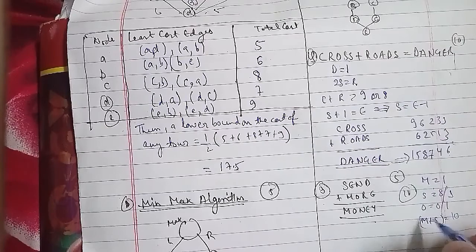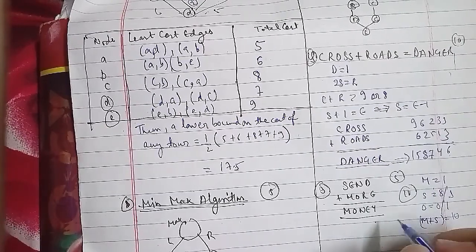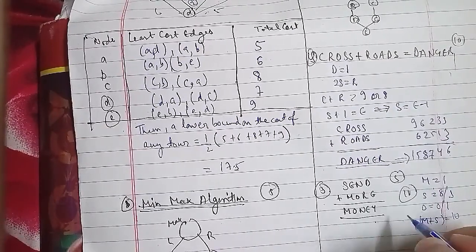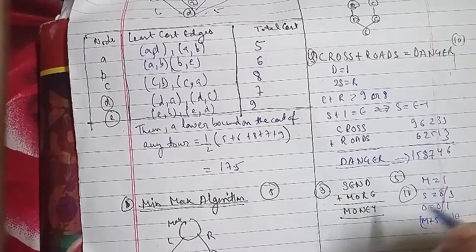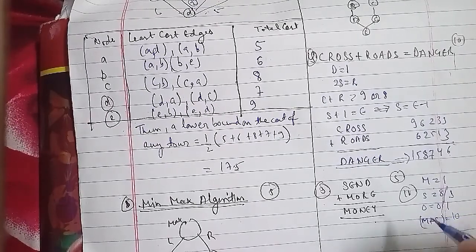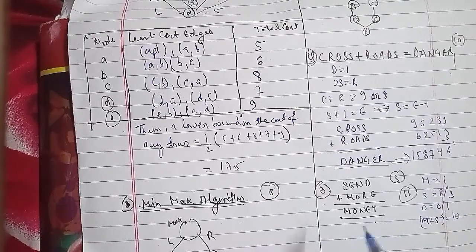So far we have M equals 1, S equals 8 or 9, O equals 0, and C2 equals 1. We are stuck here because we do not know the value of E, so we will try different possible values of E.